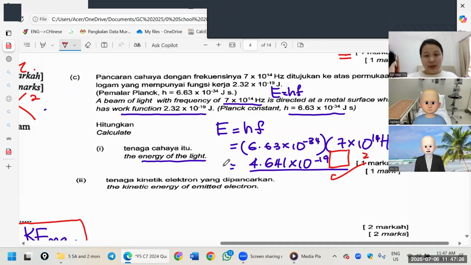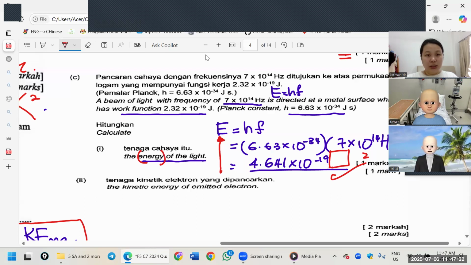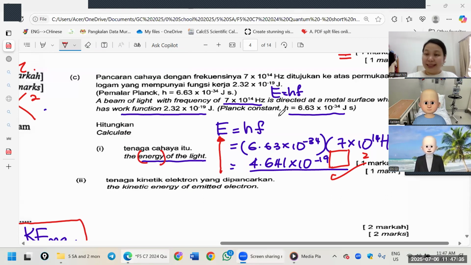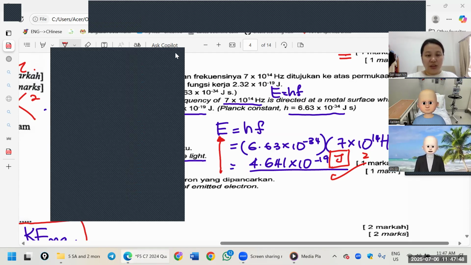Please check the left-hand side. E stands for energy. Yes, good. Very good, Shiqi.